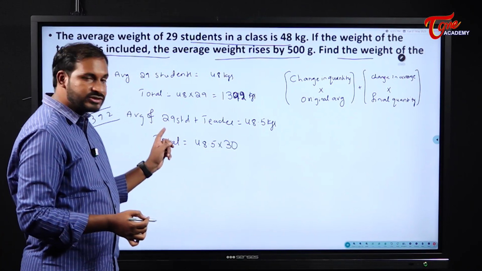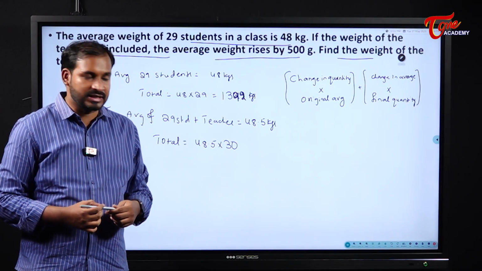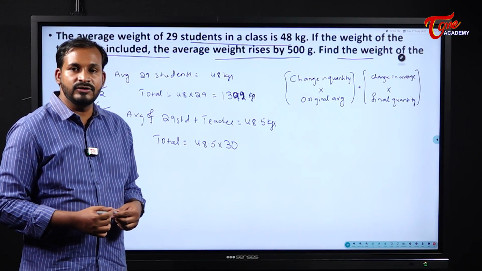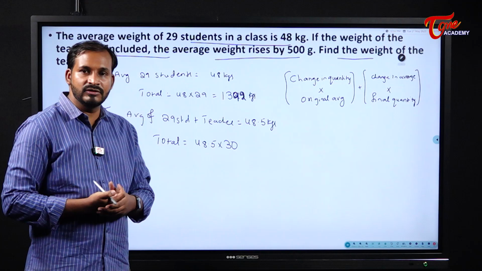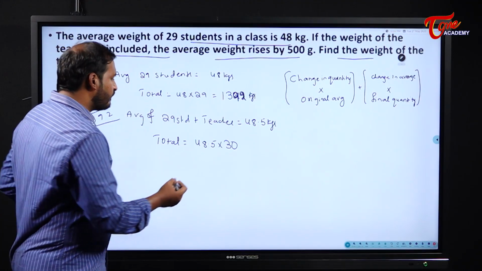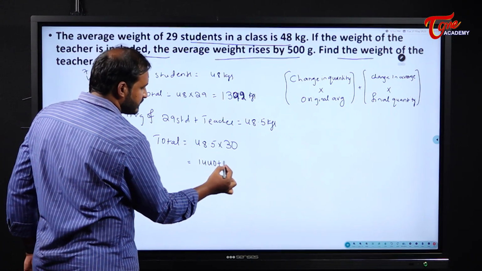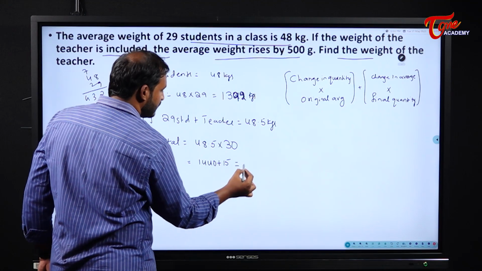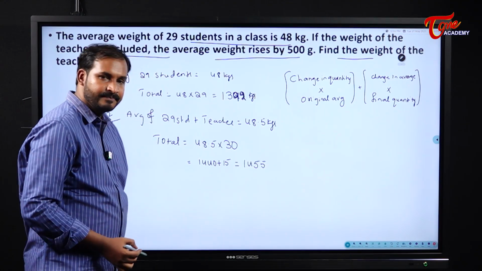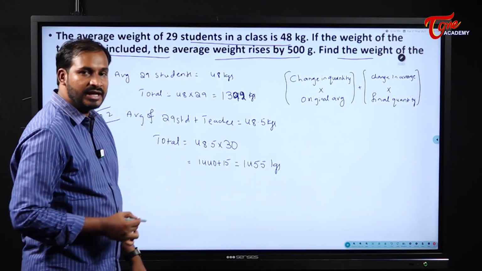Here 29 are students and 1 is teacher, so the overall strength is 30. 48.5 into 30 gives 1455. So 1455 kgs is the total weight of the 29 students and 1 teacher.